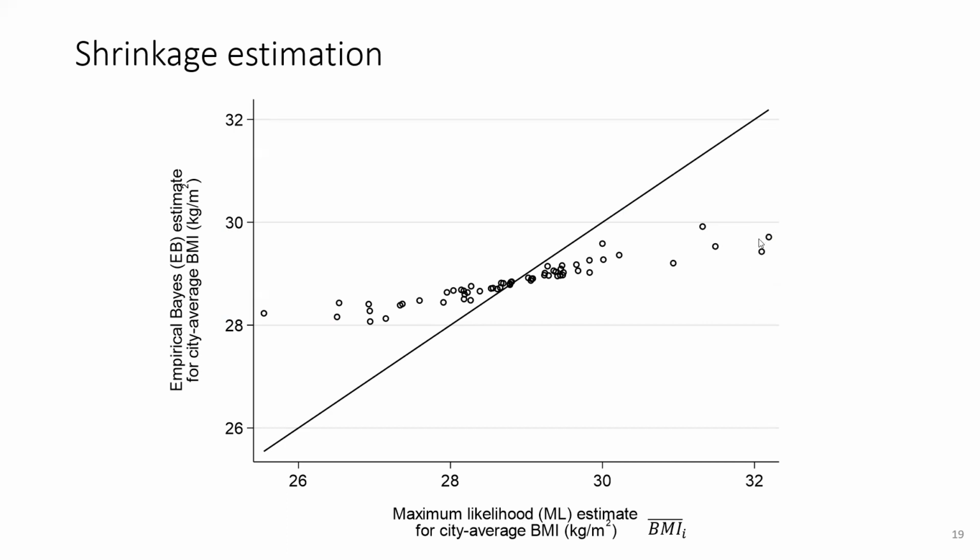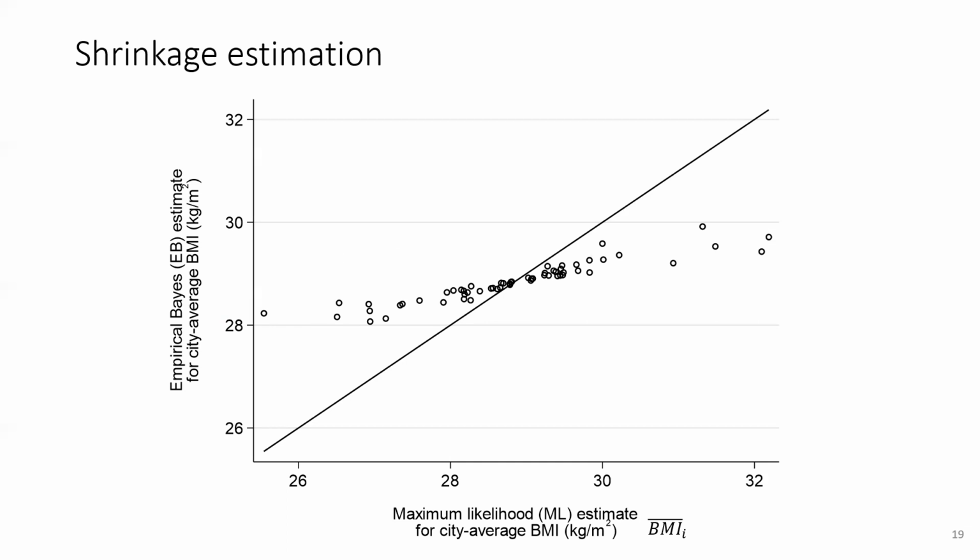But when we use the mixed effect model, their estimation was somehow below 30. And for cities below 60, this is the observed mean, but the estimation from the mixed effect model is a bit above 28. So it's shrunk.